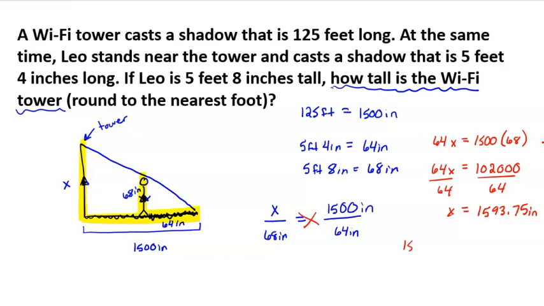And so I have 1593.75 divided by 12. And that's going to give me 132.8. And then remember they said round to the nearest foot, so I want to make sure I have at least one decimal place. That's going to change my 2 to a 3, and so my answer is going to be 133 feet.